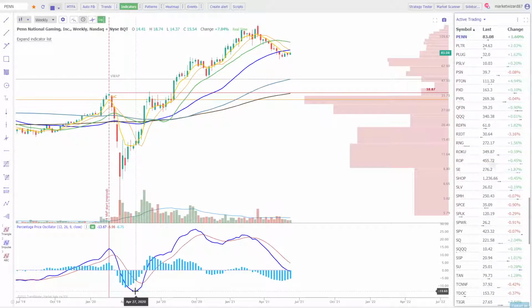And the reality is negative 13 is where the bears could push price towards before actually reversing, and still maintaining a bullish PPO divergence. So there's a lot to look at from PENN as an example, a lot to learn, and just recognizing that you don't need the complete Elliott wave structure.